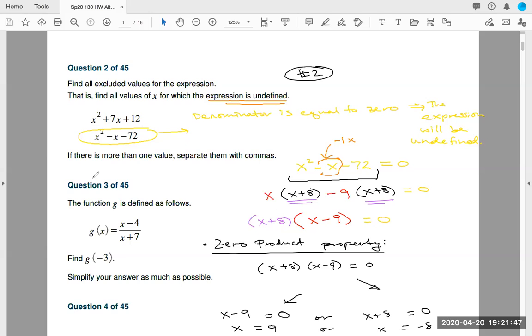So the values that we would be excluding, x equals -8 or 9. All right, let me save that. And then let me clear it out.